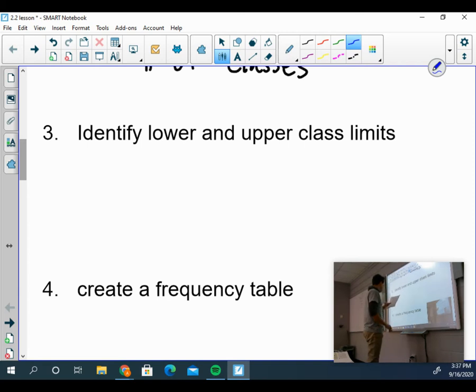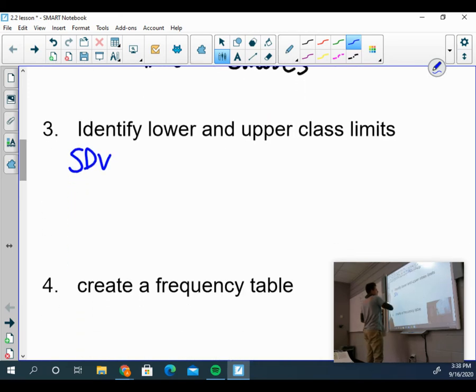Okay, so how do we find the lower class limits? Well, we're going to take our lowest data value, our SDV, our smallest data value. Again, same thing we did up here. Our SDV, and then we are going to add the class width to it.